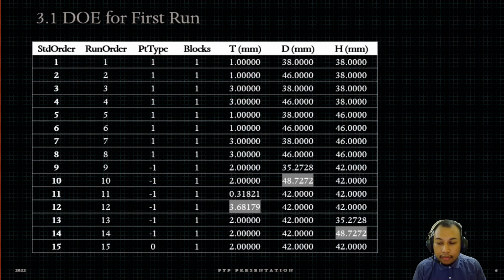As we can see in the table, there are 15 samples which recommend 15 thickness, diameter and height of the circulating failure. The maximum thickness recommended is 3.68179 millimeter, and for the diameter 48.7272 millimeter, and height of 48.7272 millimeter.